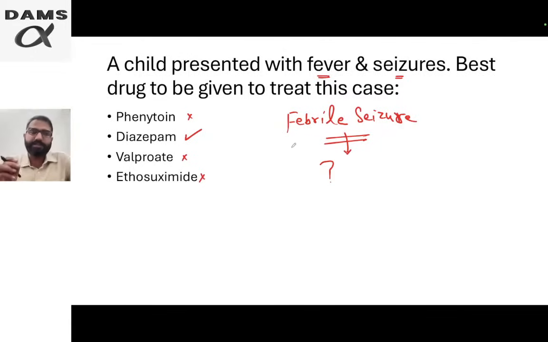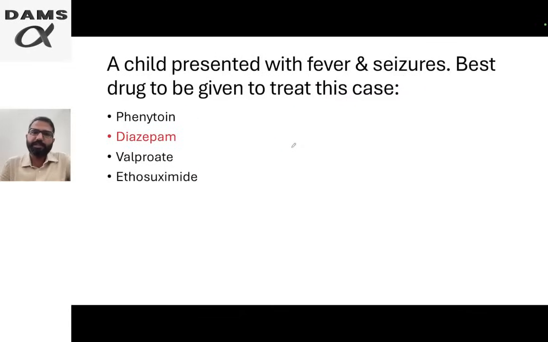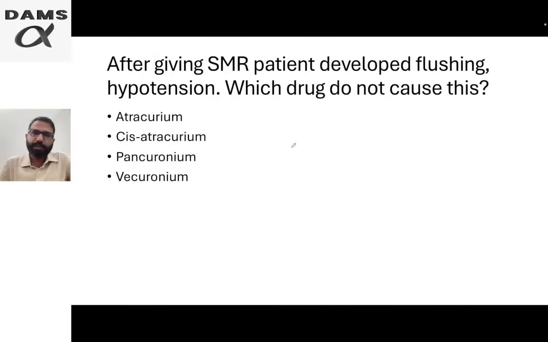Ethosuximide is for absence seizure, a T type calcium channel blocker. So out of these, diazepam is the correct answer. That is the drug of choice for febrile seizures. So this is again a simple and frequently asked question as well.